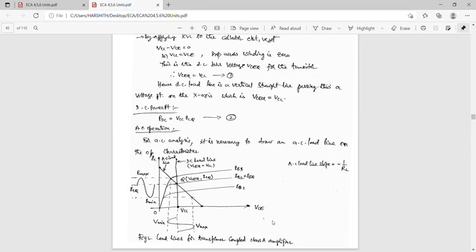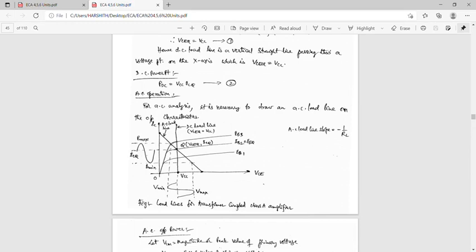Voltage is VCE on one axis and current is IC on the other, with a maximum swing of 360 degrees between I maximum and I minimum. The AC load line slope is minus 1 by RL. So these are the load lines of the transformer coupled Class A amplifier.